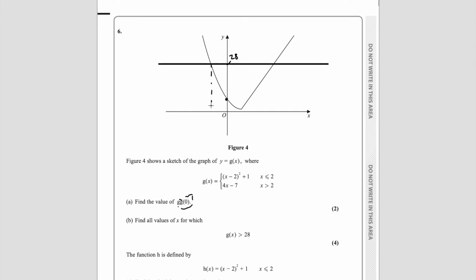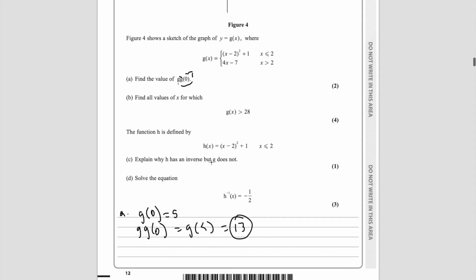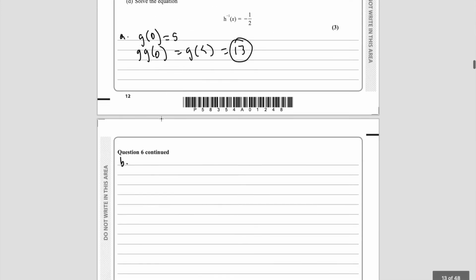So if we were to find the points of intersection, all values of x which are less than this value here would make the function g of x greater than 28. And all values of x which are more than the value of x here would again make the function more than 28. And since there are 2 points of intersection for the x minus 2 squared plus 1 part of the function, and the 4x minus 7 part of the function, it's clear that we do need to apply the inequality to both parts of the function.